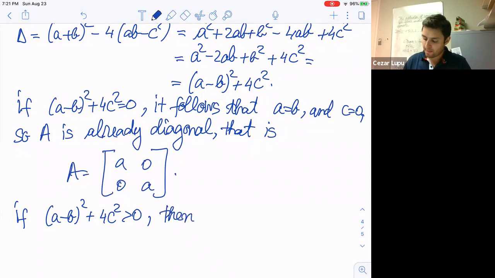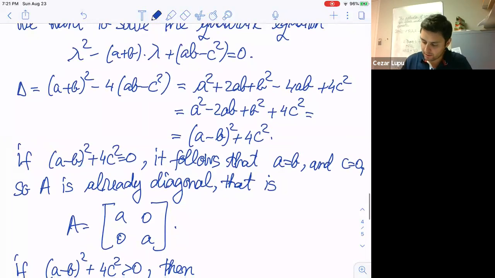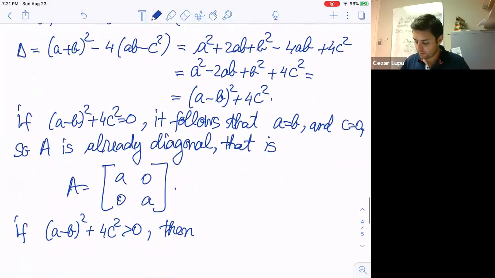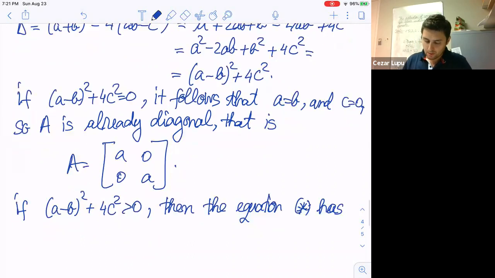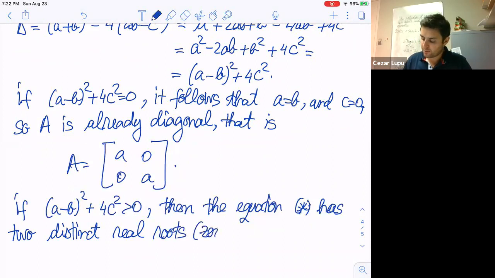Then the quadratic equation, let's call this star, has two distinct real roots, or zeros if you're more used to this, right?